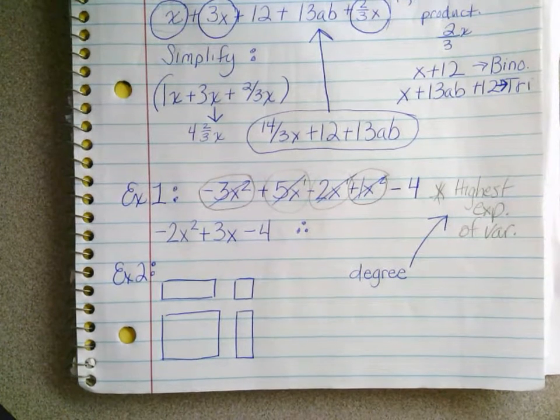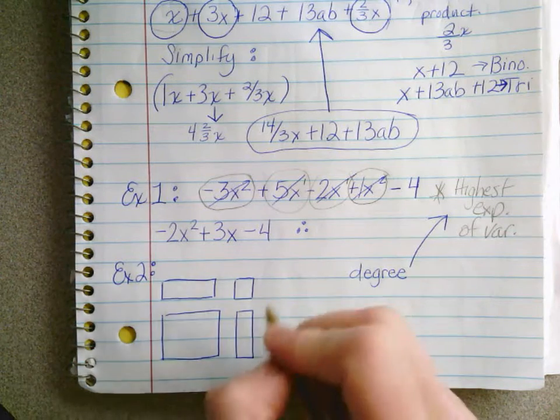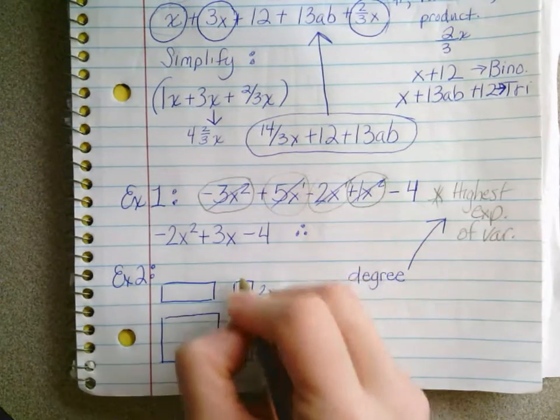Example 2 says, write the sum of the areas of the rectangles as a polynomial in simplest form. All right. Let me label the sides.